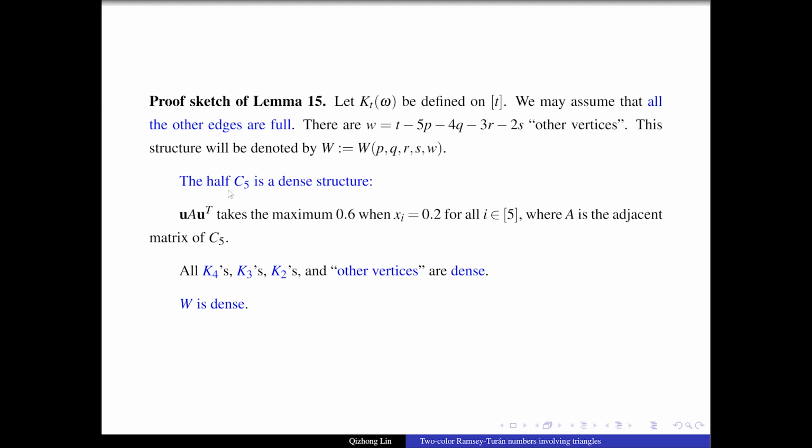So this structure is dense, and also all the other K4, K3, K2, and other vertices are also dense, and so we can see that W is dense. Therefore, from Lemma 13, we know that all the weighted degrees are equal, and so from a simple computation, we can find the upper bound for the density.